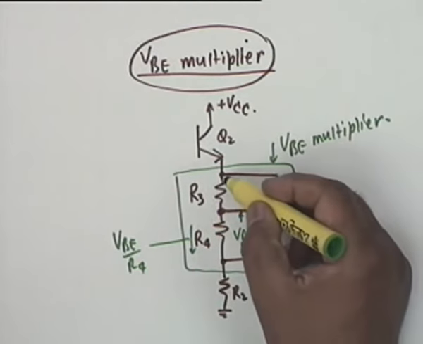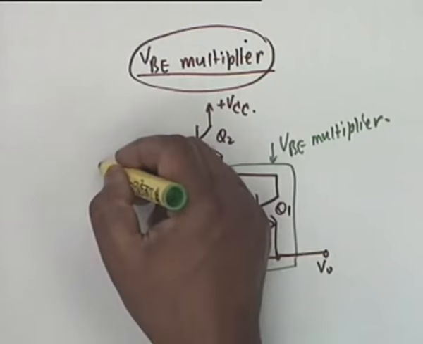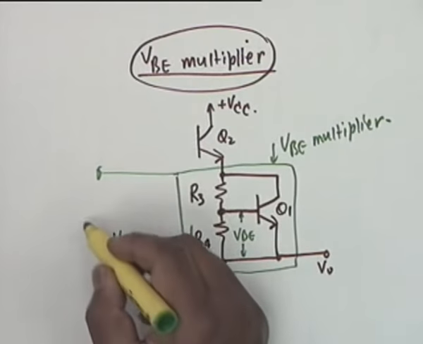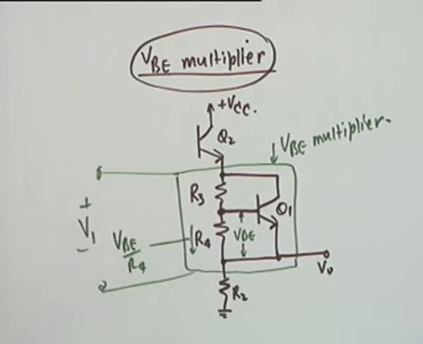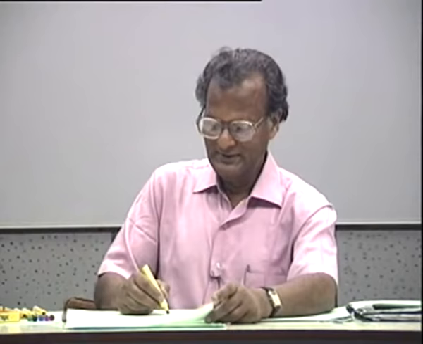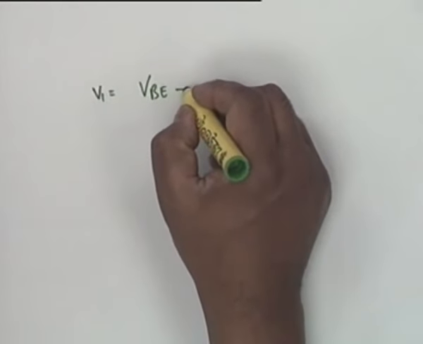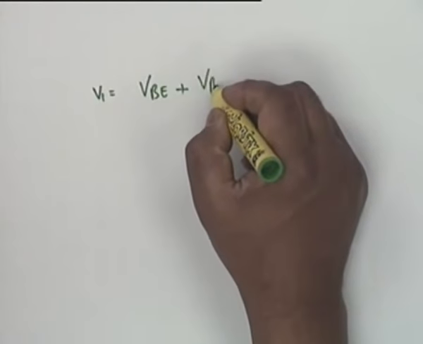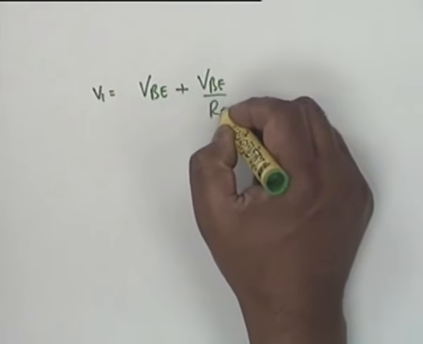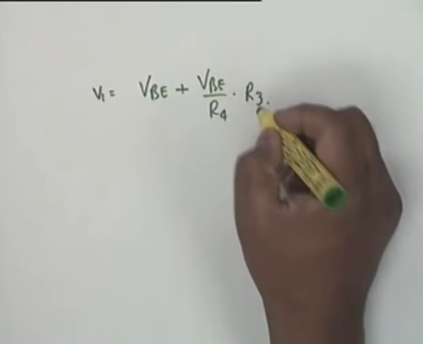Agreed? Same current flows through R3, and therefore the voltage between these 2 points, if we call this V1, V1 would be equal to VBE plus VBE divided by R4 multiplied by R3.